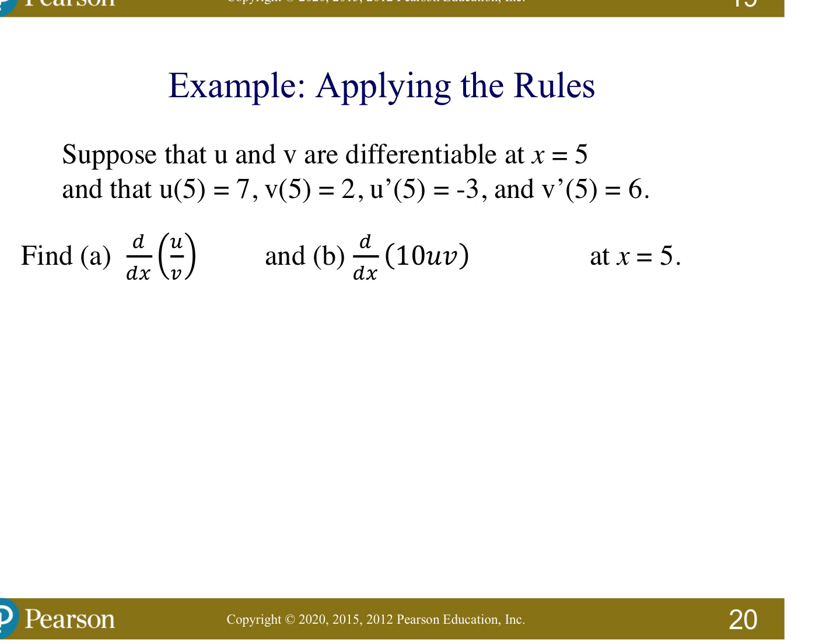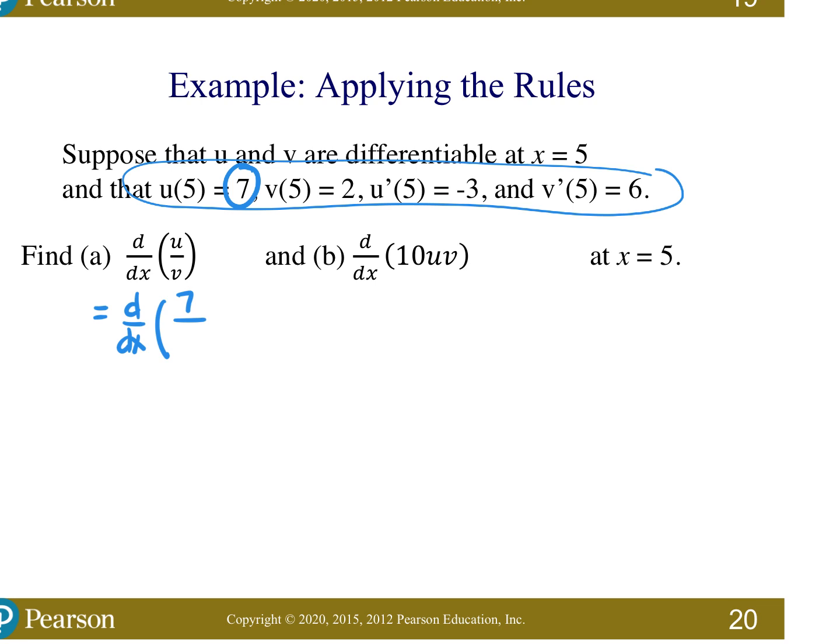What they are not wanting you to do is to plug in the numbers from right here right away. So the wrong way to do this would be to say, oh, I'm going to plug in u and v first. And u is 7, and v of 5 is 2. And the derivative of 7 over 2, because it's a constant, is what?